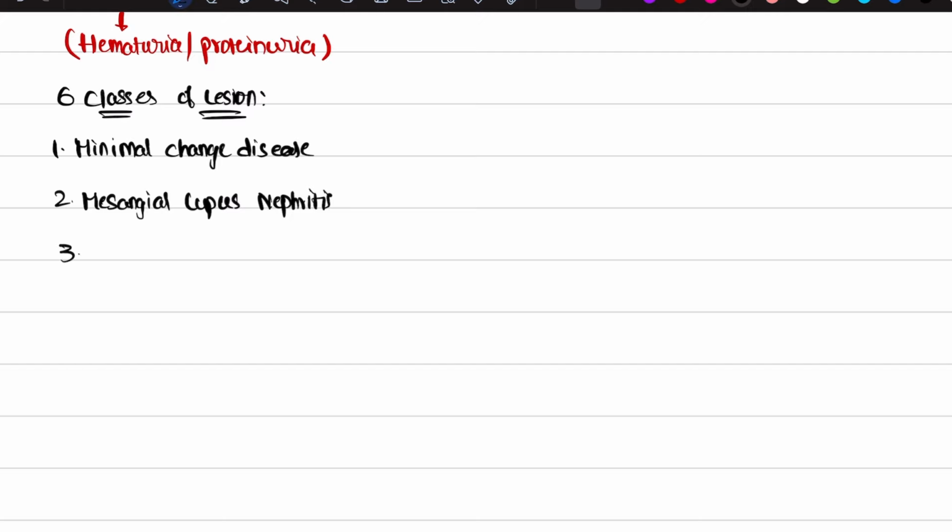And the third one is focal lupus nephritis. And the fourth one is diffuse lupus nephritis.